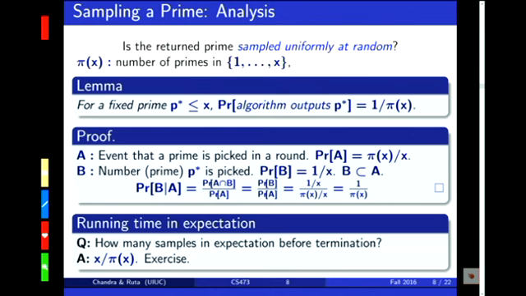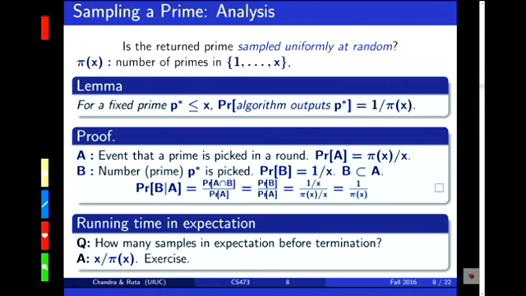How many primes are there? Pi of x. Total numbers are x. So what is the probability I pick a prime in the first round? Pi of x over x.